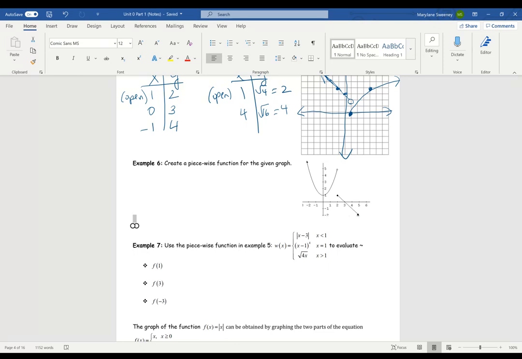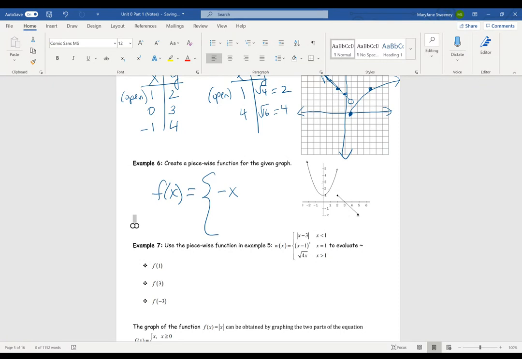Okay, so this wants you to write the piecewise function. So you could say f of x equals, so let's see, this looks like a line going down 1, right 1, down 1, right 1, down 1, right 1. So that's got a negative 1 slope. Let's see where the y-intercept would be if I continue up 1, left 1, up 1, left 1.